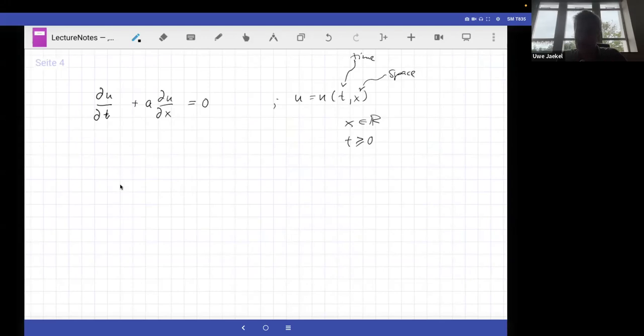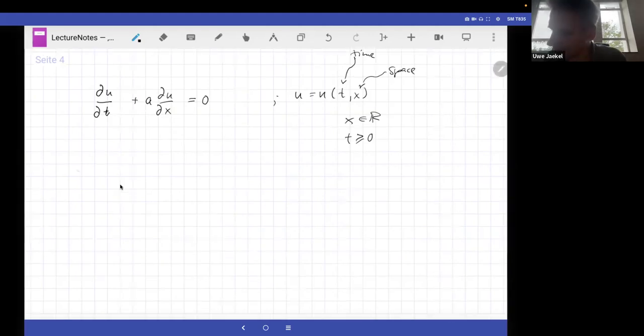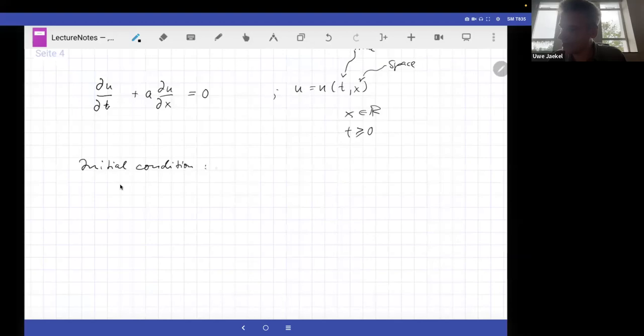Let's assume we know it at time 0, and we want to predict what the concentration is at a later time. So we have an initial condition that specifies the concentration at time 0: at t equals 0, x, this is a given concentration.